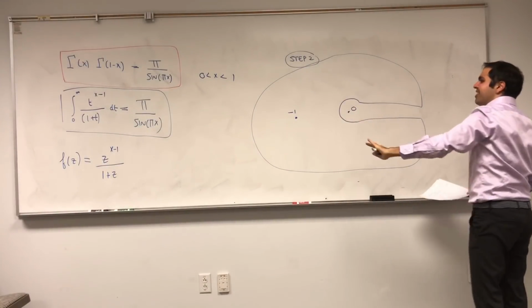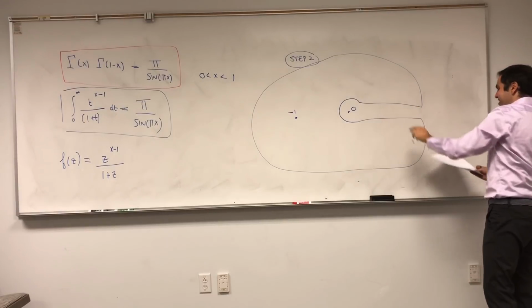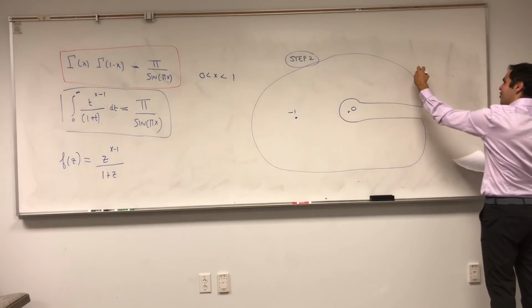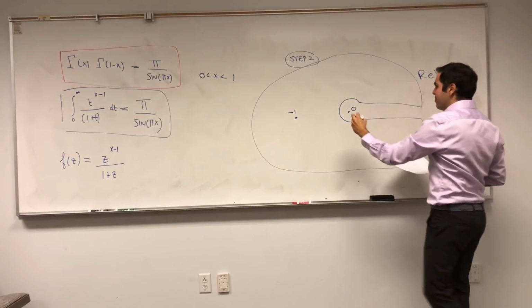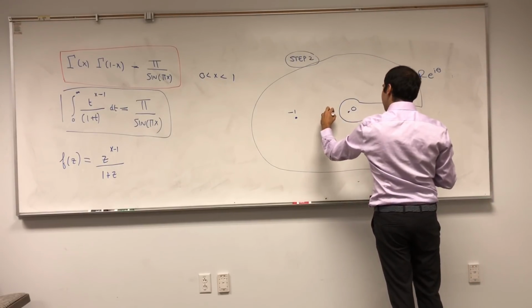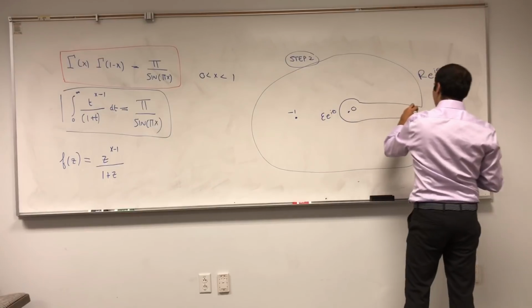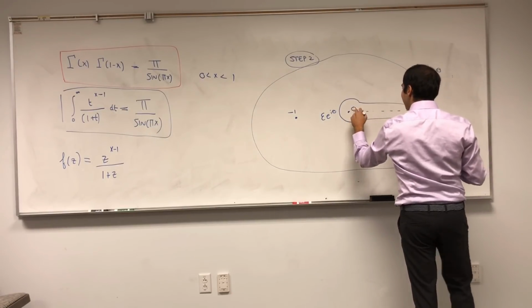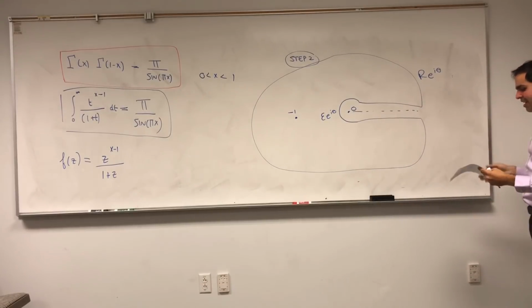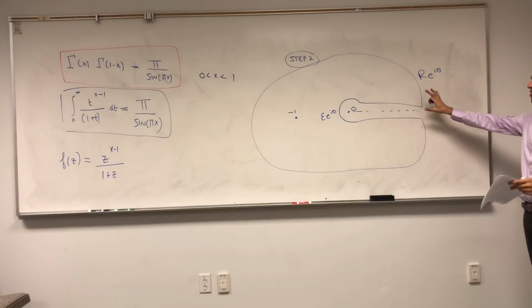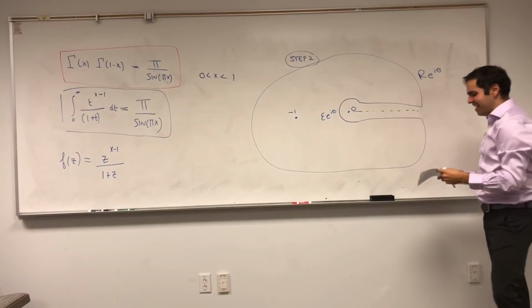I will explain the terms exactly, but the point is that here we have a huge number, r e to the i theta. Here we have a small number, epsilon e to the i theta. And this is the real axis, so we want something that's as close to the real axis as we want. As I said, I will define the terms more precisely later.